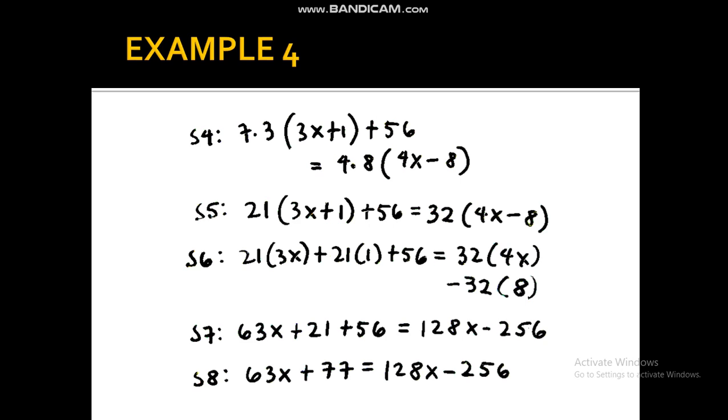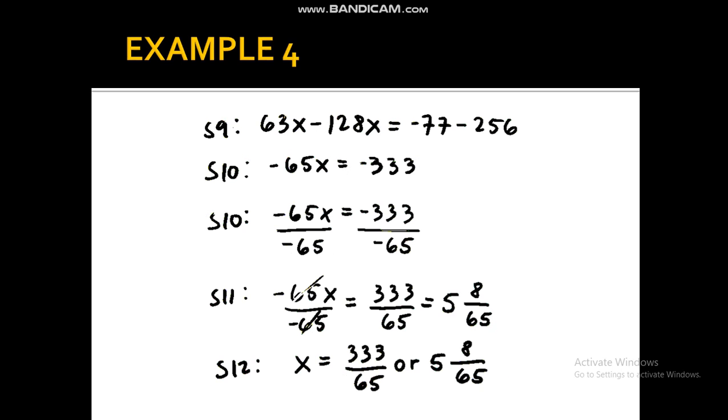Step 7, the products have been written again in the left and the right hand side of the equation. Step 8, I combine the pure numbers in the left hand side by addition, and that gives you the sum 77 in the left hand side. That is in step 8. Step 9, I gather all the terms containing the variable in the left hand side.